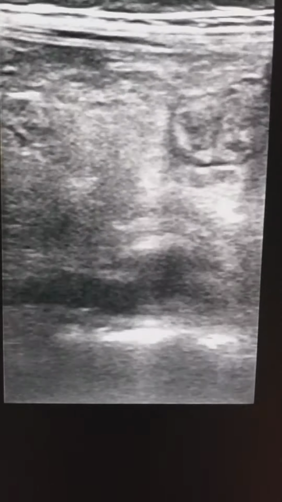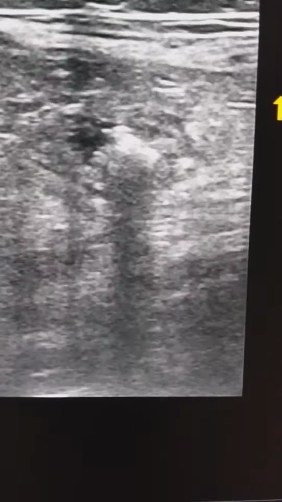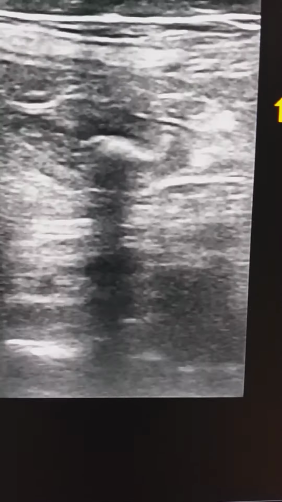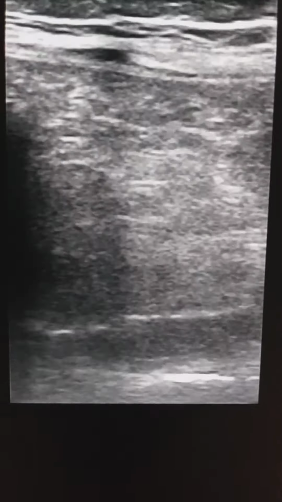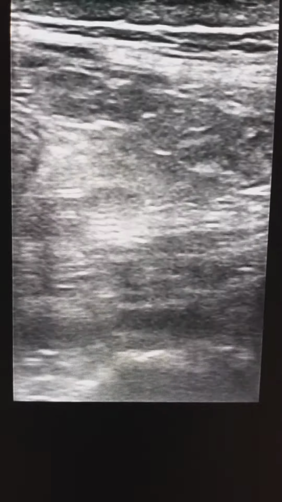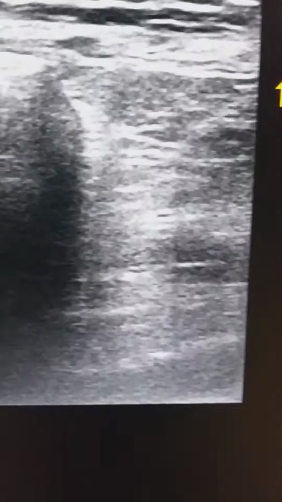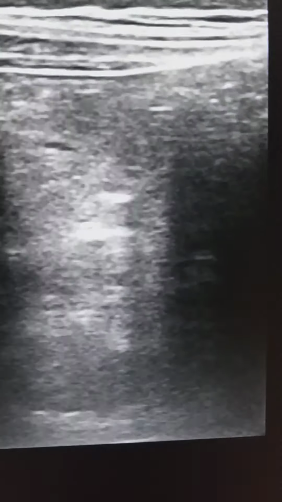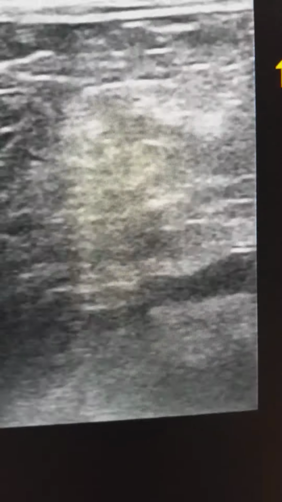So here we are at the right quadrant. First, always I scan the right quadrant, then left quadrant. So I start from the right hypochondrium to the right lower abdomen.